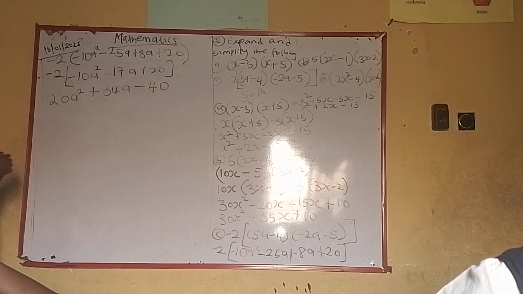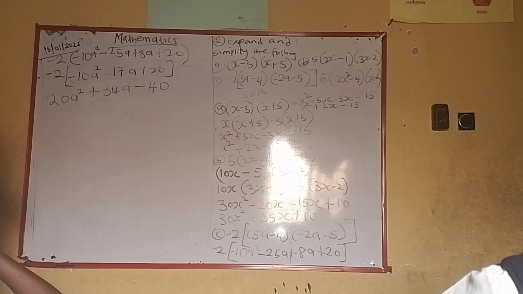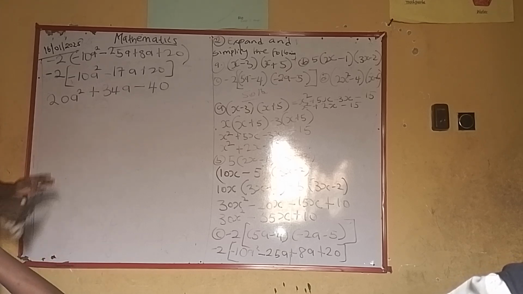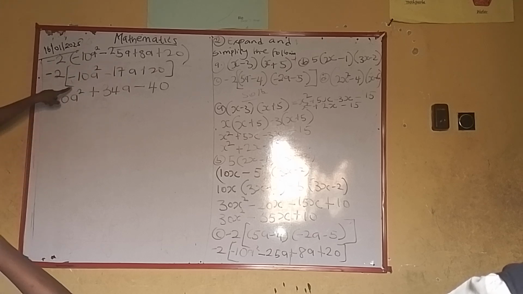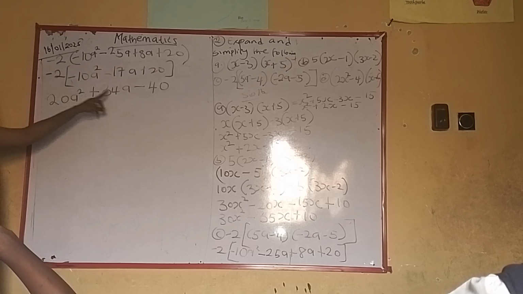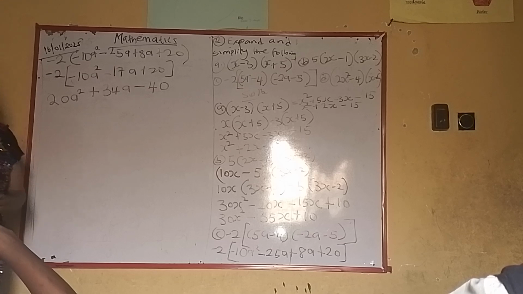We have gotten our answer. Like you answered me correctly, the squared here has differentiated it from this. So they are not like terms. You can't call them like numbers.